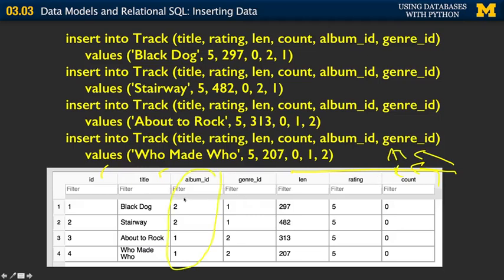Now here is where we have replication. Those two are going to the same album. And these two are going to the same album. Same genre, same genre. It's okay to have replication as long as they're numbers. That's really the essence of what we've done. We just went in a big circle, took replicated strings and turned them into replicated numbers.